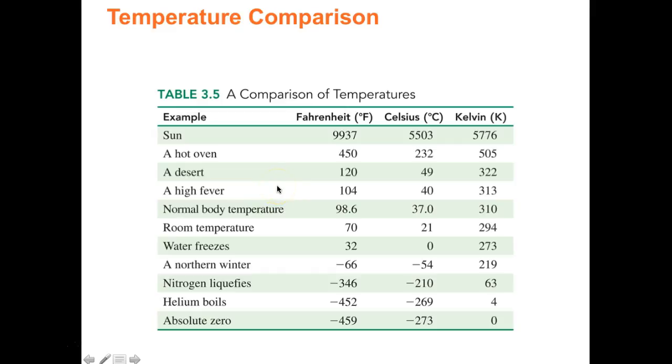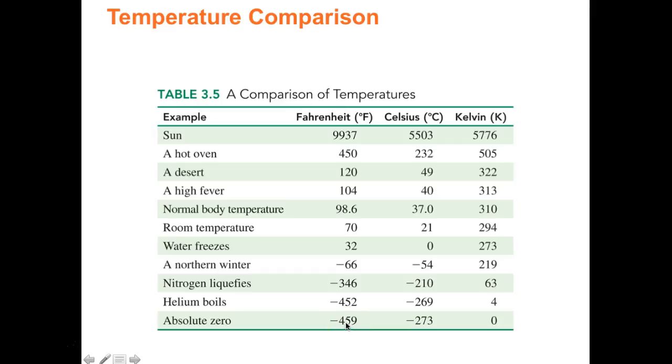This is a comparison of temperatures on the different scales for different things: body temperature, fever conditions, a hot oven, water freezing, and absolute zero, which is 0 K, minus 273 on the Celsius scale, and minus 459 on the Fahrenheit scale.